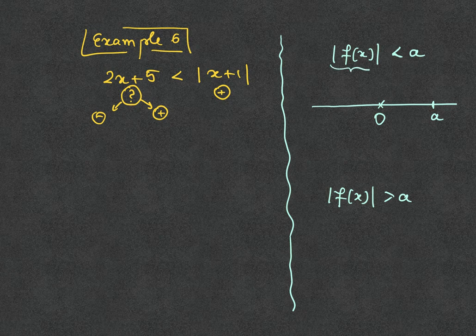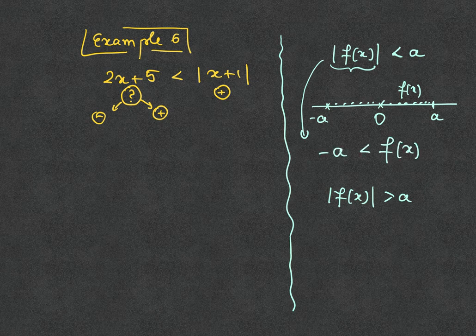So if you want this distance to be smaller than a, then f of x needs to be somewhere here. But it can also be here. So the distance from f of x to the origin is smaller than a. Therefore, this inequality is the same as writing that f of x is between negative a and a.